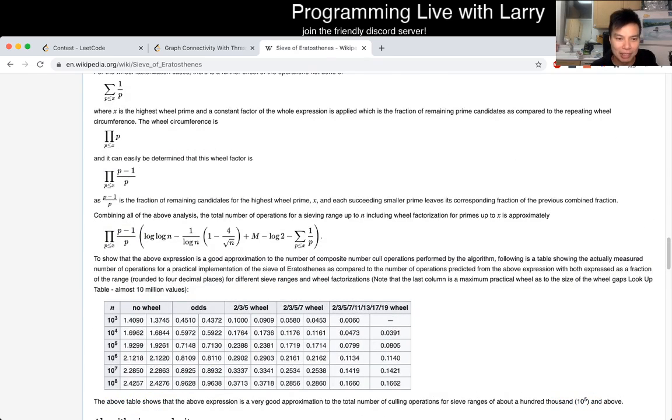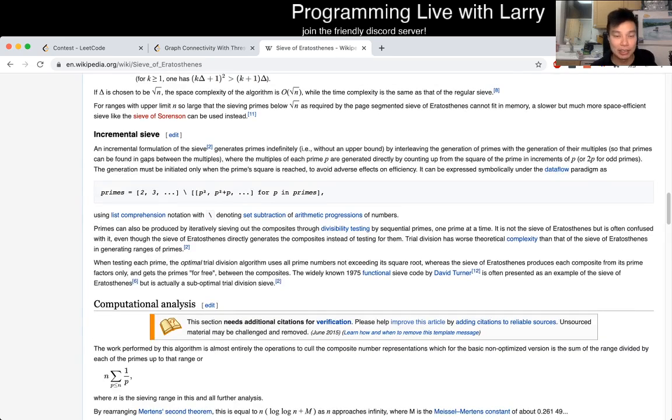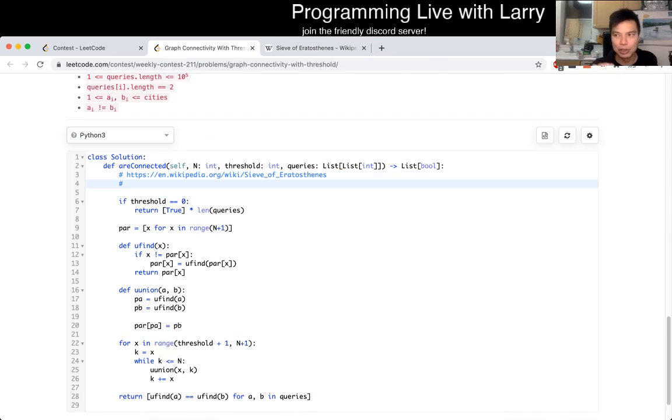So wow, there's a lot of crazy stuff here, but the key thing to note is that the complexity of this is n log n, because basically if you do it from every prime and you do it naively, it's going to be O of n plus O of n over 2 plus O of n over 3 plus O of n over 4 plus ..., right? So it turns out that if you sum this up, you get O of n log n or something like that, or I forget what it is.